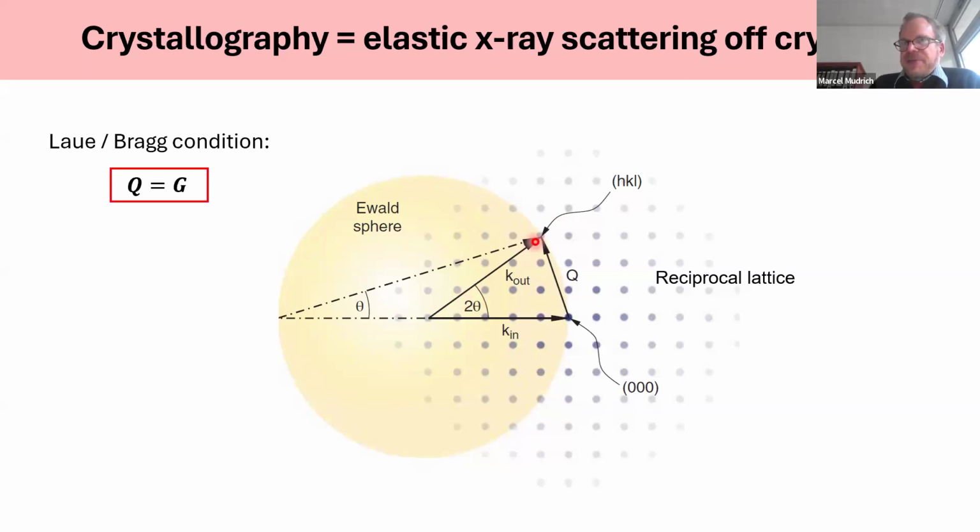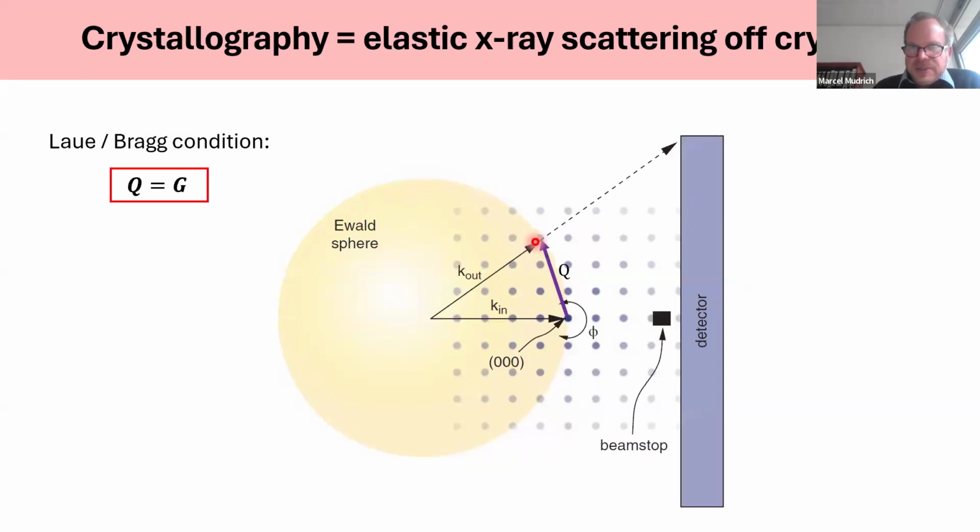And so the experimental arrangement would be like this. k in, the wave vector, is the vector pointing along the incident beam onto the sample. If we draw the detector plane like this, we should probably put a beam stop right into the incident beam so that the detector does not get completely oversaturated where the incident beam hits the detector plane.